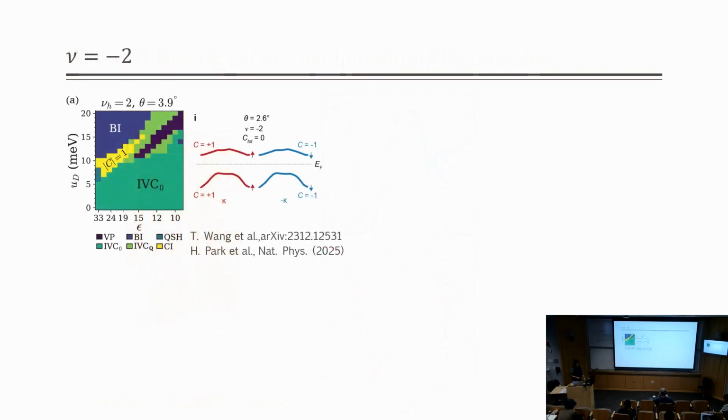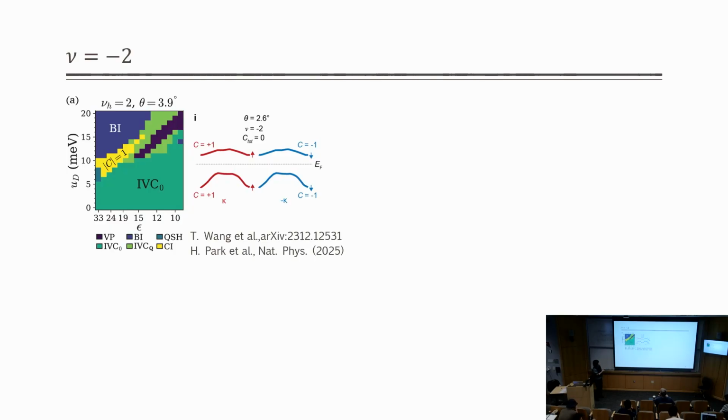Because I just went to this FCI workshop, and now people are concerned about the nu equals -2 state. Is it a quantum spin Hall state, or is it a Chern insulator state? Theoretically, there have been quite a lot of theories talking about different possible ground states of nu equals -2.